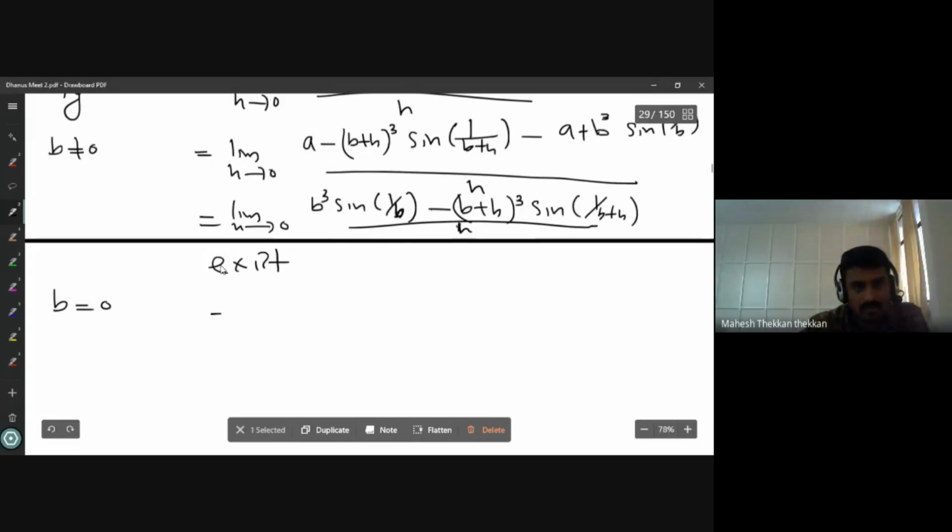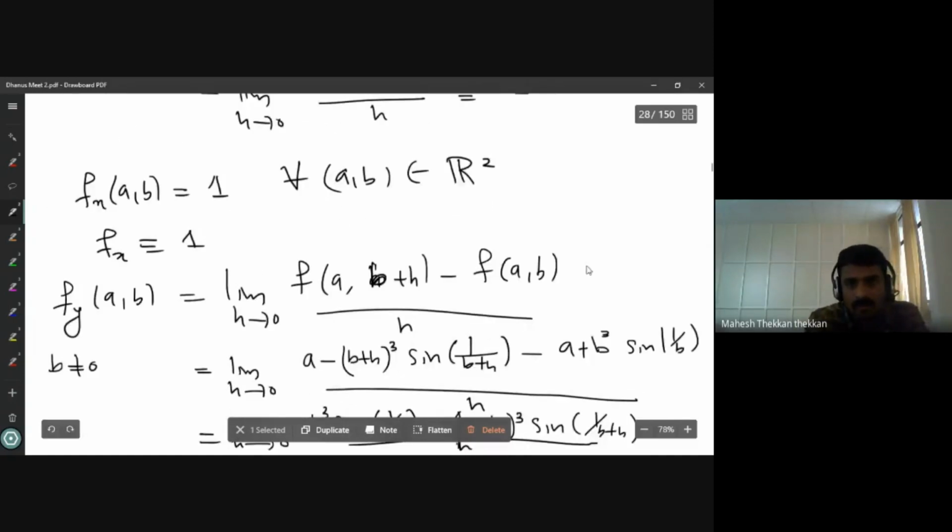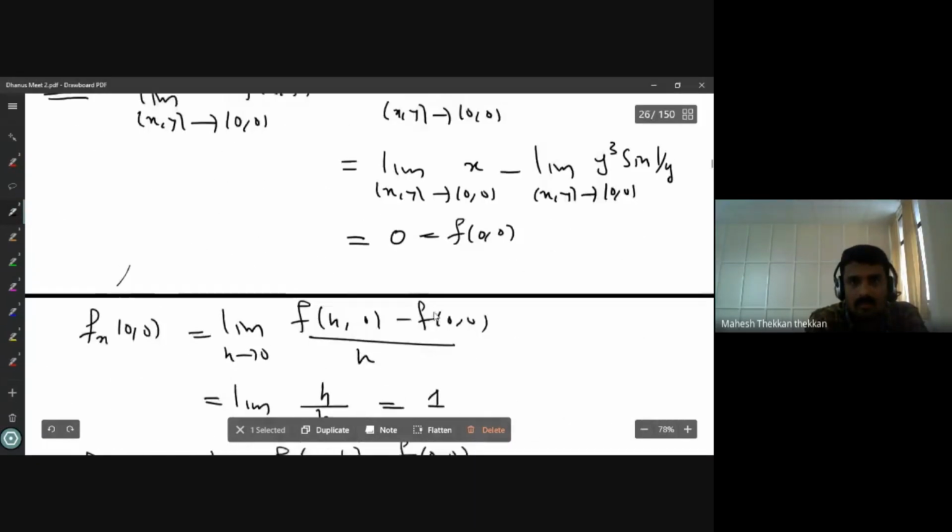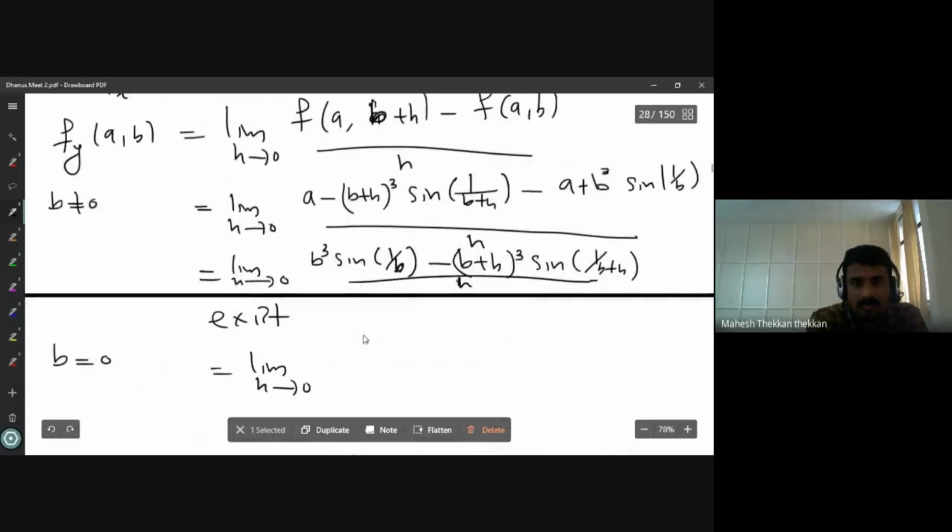Similarly, you can look at the b equal to 0 case also. What you will get is limit h tending to 0. Once b equals 0, this term turns out to be simply a, and this term I can write this way.